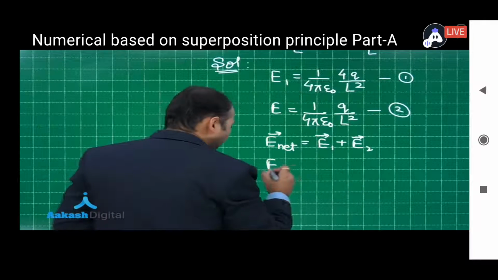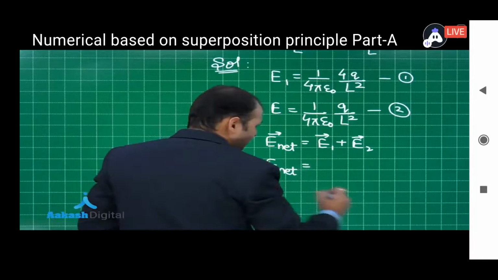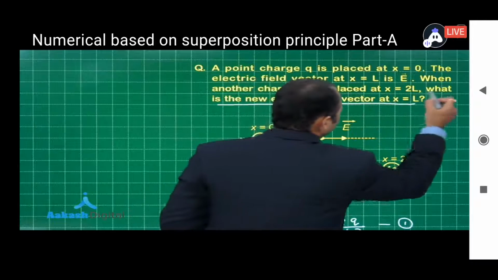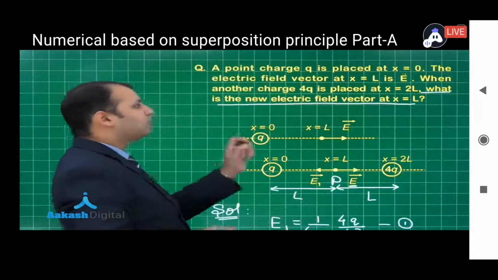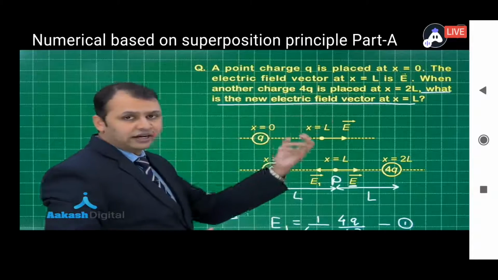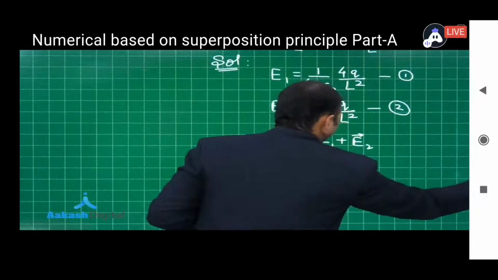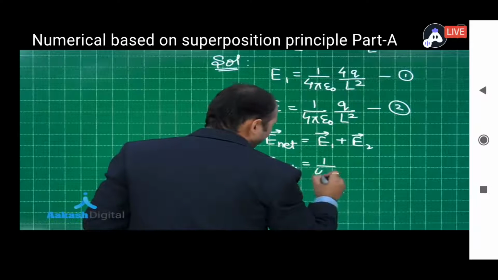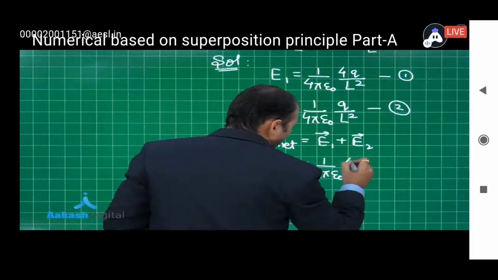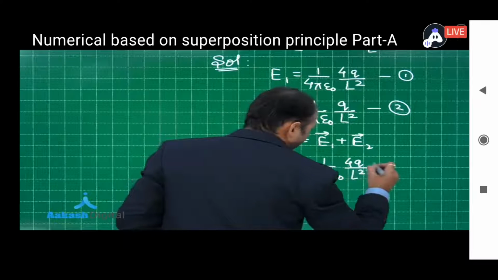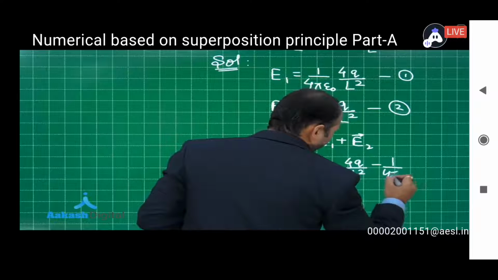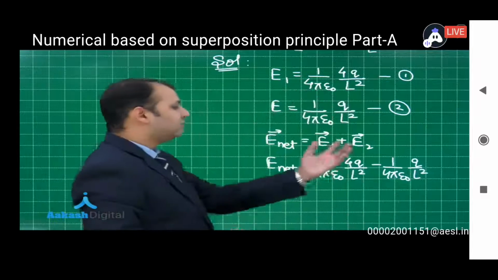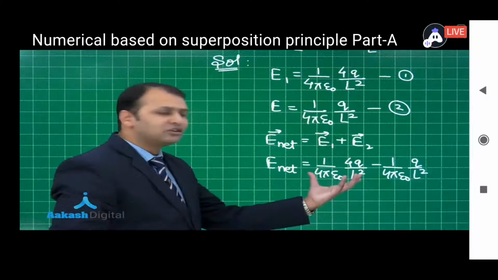If you just want to find the magnitude, as the question asks for the new electric field vector at x equals L, we have to find the answer in terms of E. So we will write E1 minus E: 1 upon 4 pi epsilon naught 4q upon L square minus 1 upon 4 pi epsilon naught q upon L square. Certainly this value would be positive. That means E1 is of bigger magnitude.